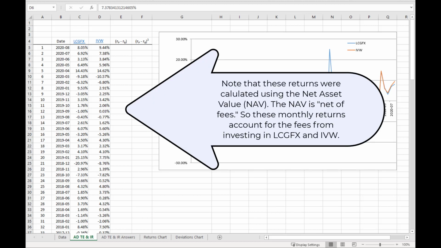And so this is going to be the returns from actually investing in a benchmark of large growth stocks. And so we can compare this active portfolio, LCGFX, to a passive index investment, IVW. And you can click these links to find out more about these funds and to see where this data came from.